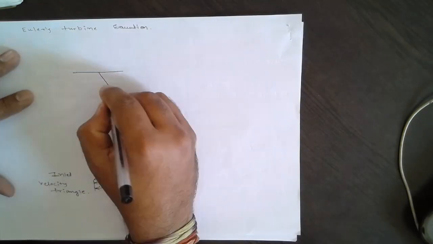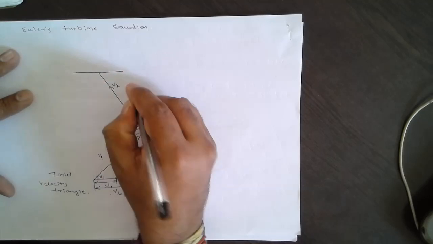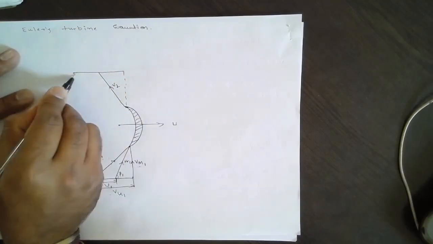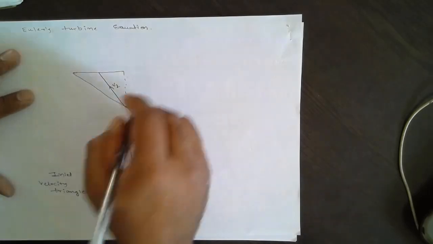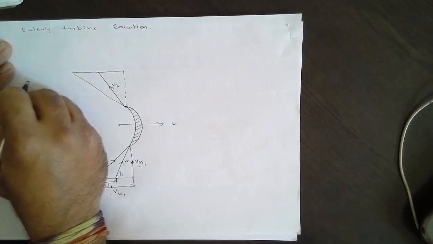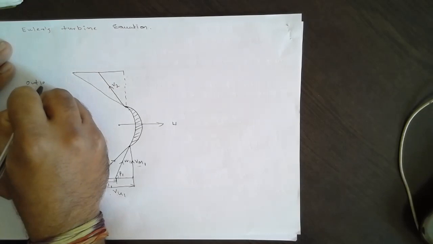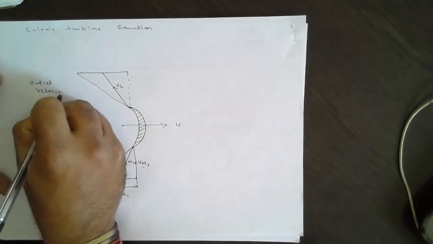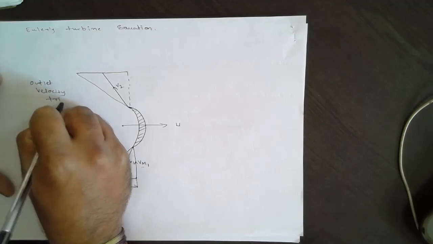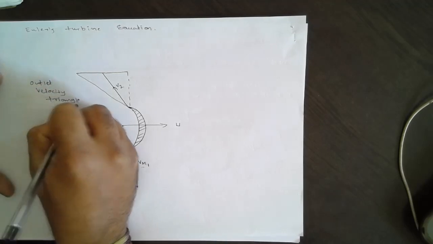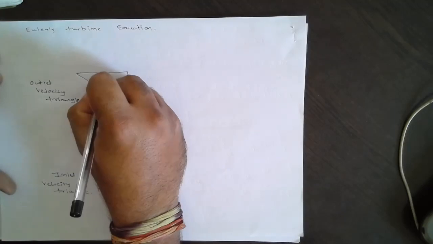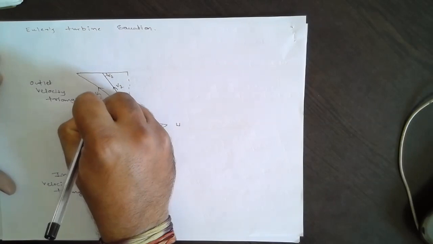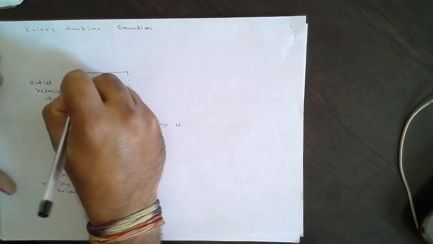The absolute velocity is not the same at outlet. In the outlet velocity triangle, we call it V2 with angle alpha 2, and VR2 with beta 2.